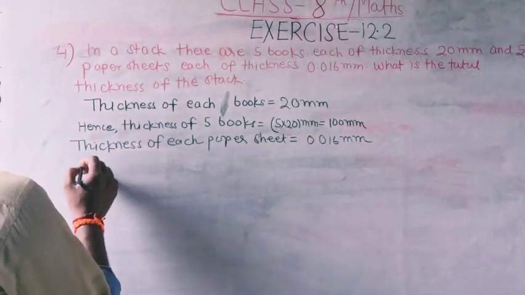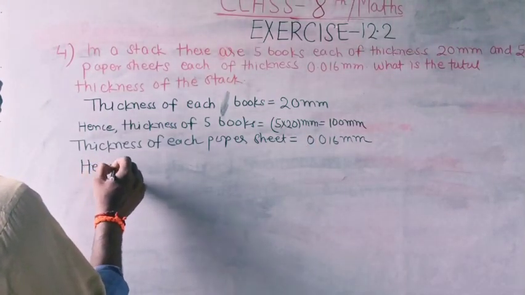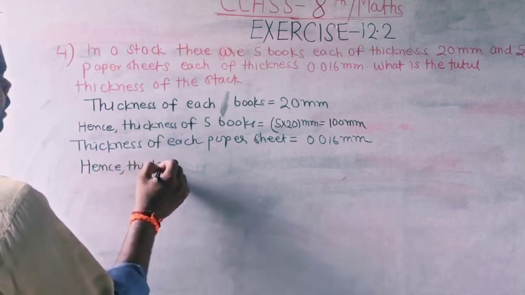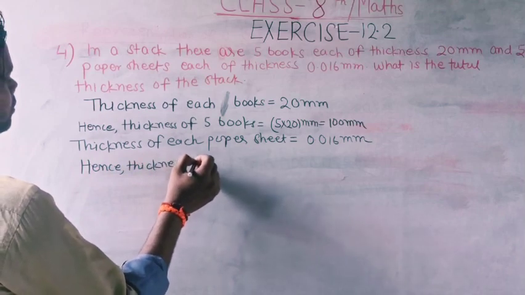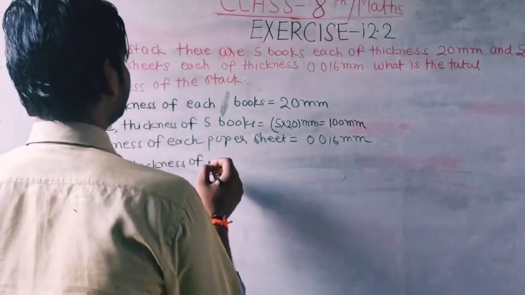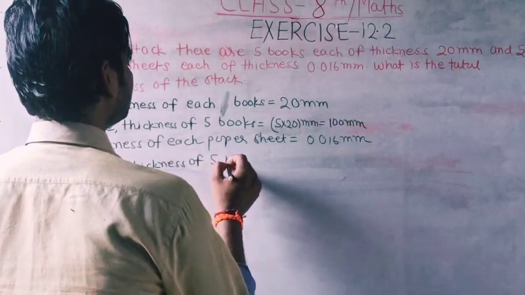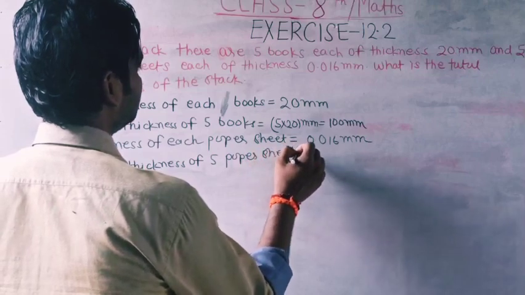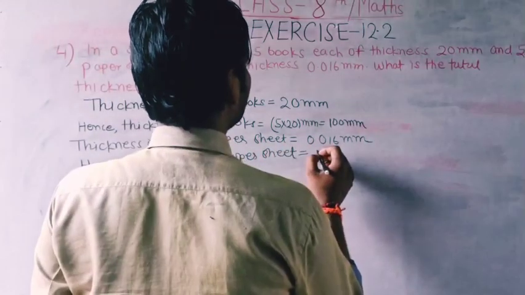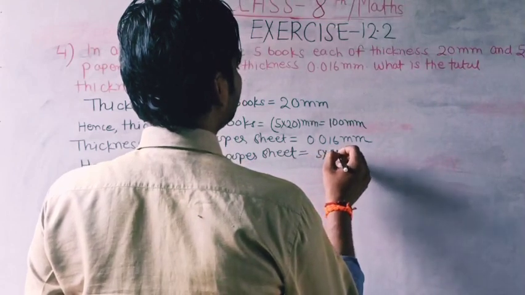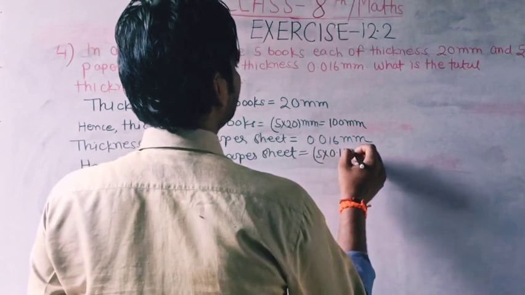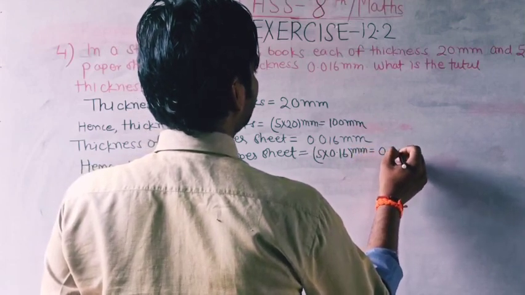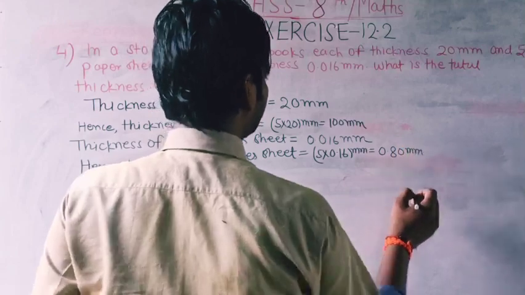So the thickness of 5 paper sheets is equal to 0.080 mm.